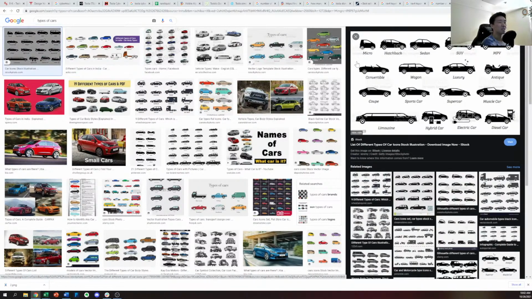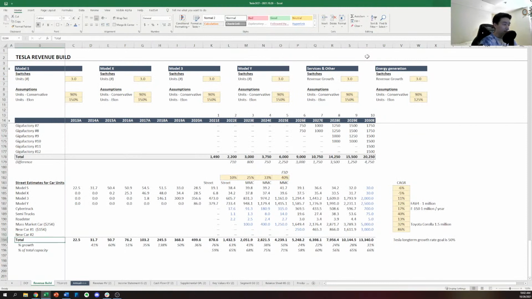Okay, so would Tesla ever come out with the micro? That'd be cheaper. Okay, new car. Man, I mean, this is also just like, we don't even know what Tesla's plans are, right?